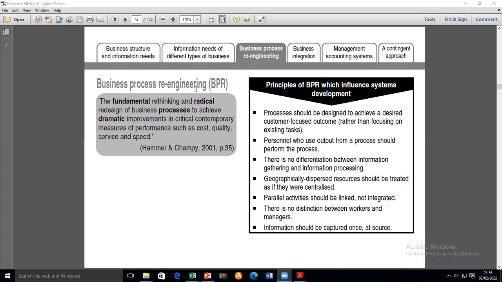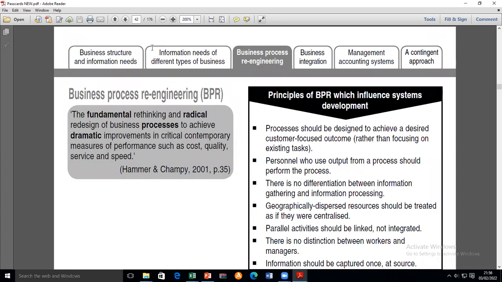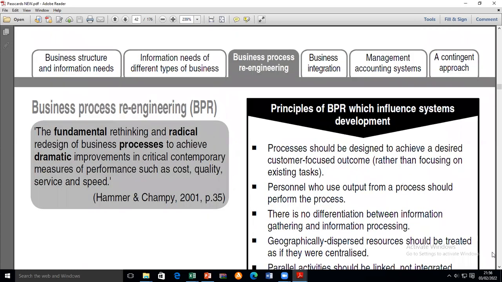Now, what is BPR? A number of us have benefited from BPR. Some of the products and services that we are using are a direct product of BPR. Let us look at the definition and then we can give examples of some of the services that have actually been a product of BPR exercises.